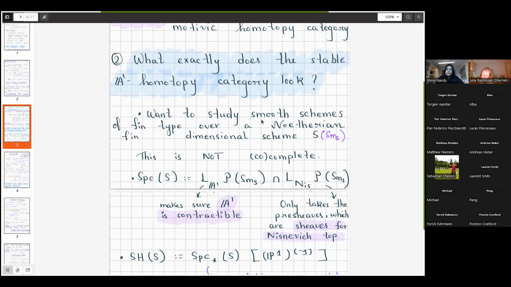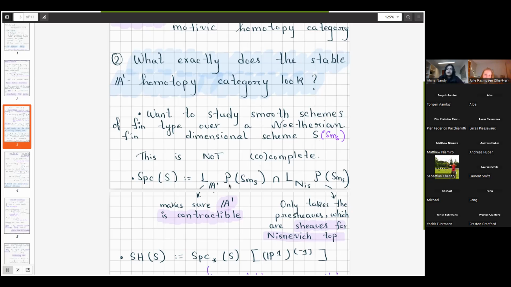And we want to study all smooth schemes of finite type over this base scheme. And we want to use tools from homotopy theory, but this category of smooth schemes over S is neither complete nor cocomplete. We can't really do homotopy theory in this. So we do what we usually do.